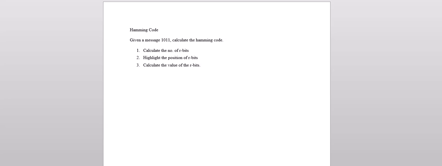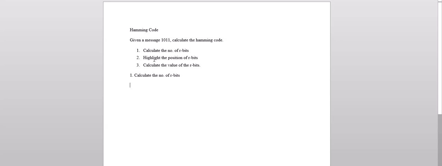Now to start us off, we are going to start with step number 1, where we calculate the number of R bits. There is a formula that is used, and it is based on something very simple, where we are comparing the message bits and the redundant bits.